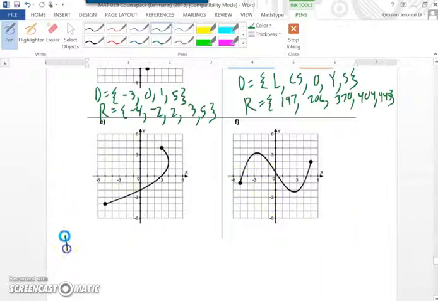Okay, now we have the domain and range here. The domain, now remember, it's all of the x values. If you notice here, it starts at -5 and it goes as far as 4. Now, instead of using these braces, because we're going to have to write interval notation here, I'm going to have to do this as brackets to let you know it includes all values from -5 to +4.